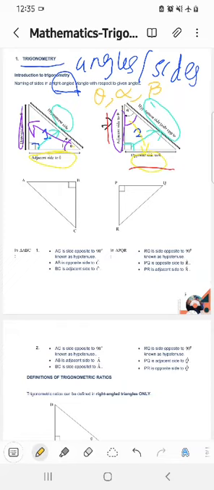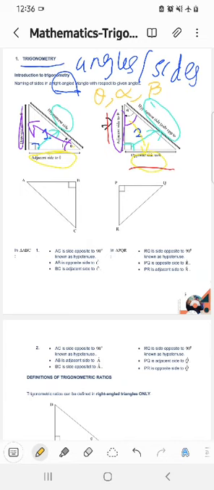Theta is a certain magnitude of angle, it can be 10, 15, 30 degrees, a number. We can substitute a number for one of them inside the triangle. So you cannot say adjacent or opposite without the reference angle. Once you have the reference angle inside the triangle, that's when you can identify the opposite and the adjacent.